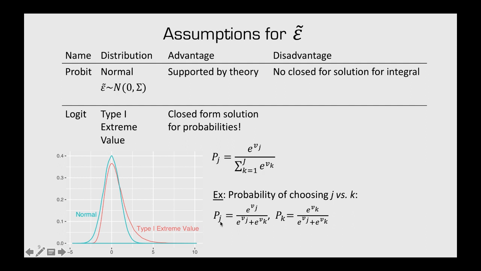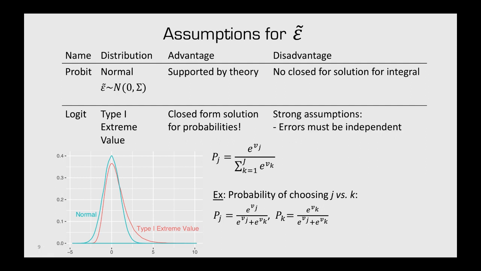Well, then the probability of choosing j is e to the vj over the sum of e to the vj plus e to the vk. And for the probability of choosing k, it's just the opposite. So you see the denominator is the same. All you really have to do is compute what's my observed utility for j and what's my observed utility for k. You exponentiate those, and then you can do a simple fraction to get one and a simple fraction to get the other.